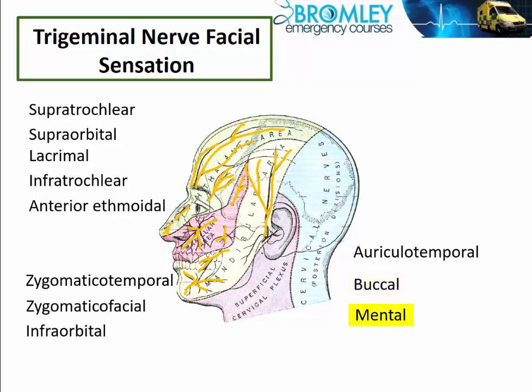And that's the end of a larger branch called the inferior alveolar nerve, and it comes out through the little mental foramen and provides sensation over the end of the chin, etc. So there we have it, 5 from the ophthalmic division, 3 each from the mandibular and the maxillary.